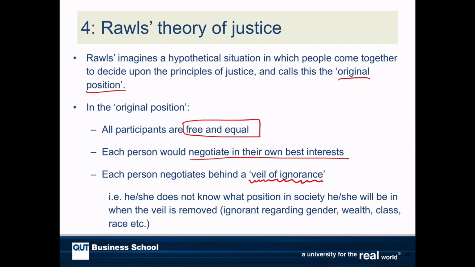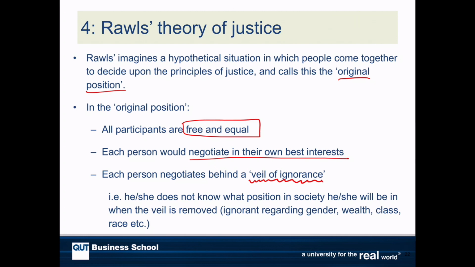It means that people don't know where they're going to end up in society. So before they agree to the rules, they don't know if they're going to be smart or dumb or rich or poor or attractive or unattractive, or have their full abilities or be disabled, or they don't know anything about where they're going to end up in society.